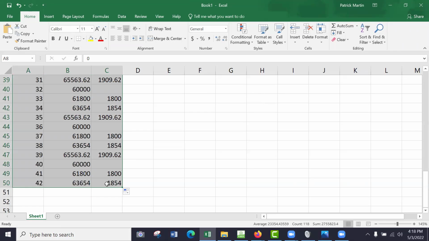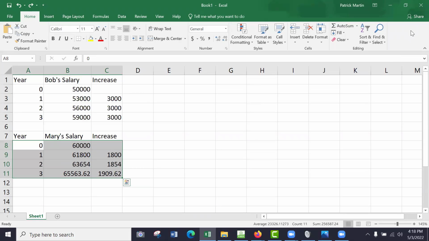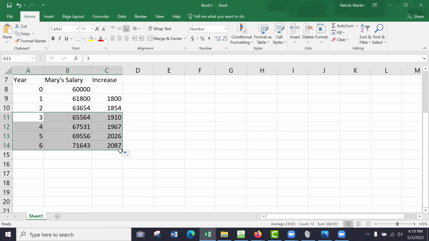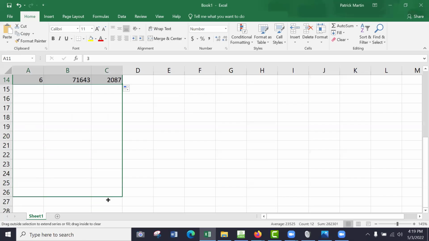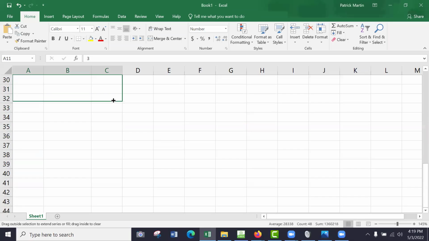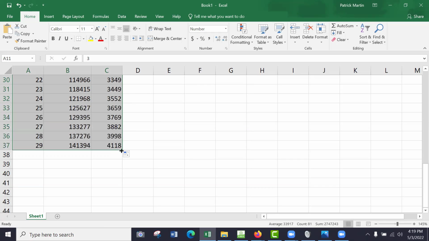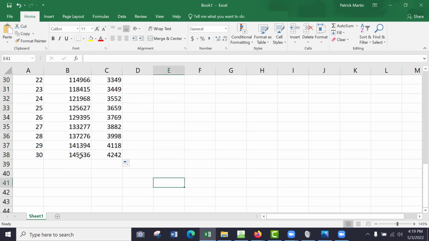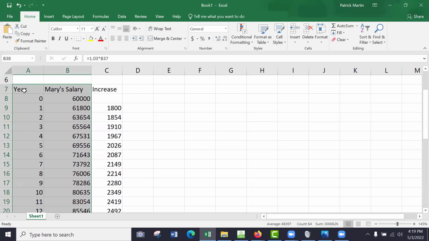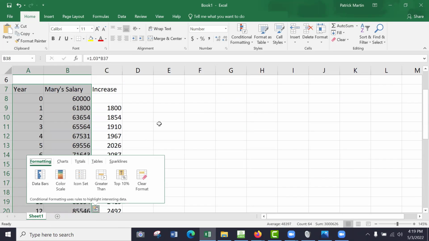If I extend this pattern on and on for a bunch of years, let's have Mary work for 30 years and see what happens to the salary. Then we can see an exponential graph. We should see a curve.